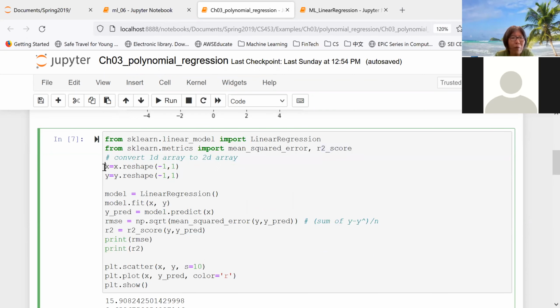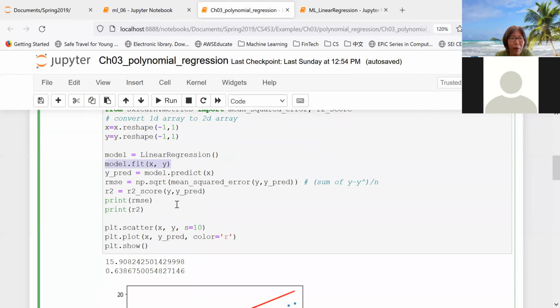For X and Y, you need to convert them to two dimensions, because linear regression doesn't take one dimension. Then you call linear regression, directly do the fit and the predict. Then we can collect the mean square error, and the next one is the R2 score.